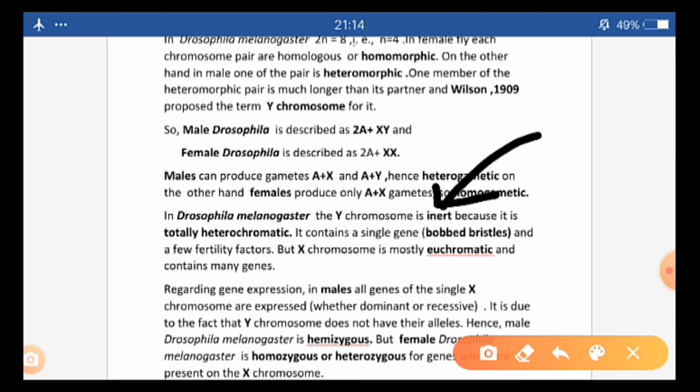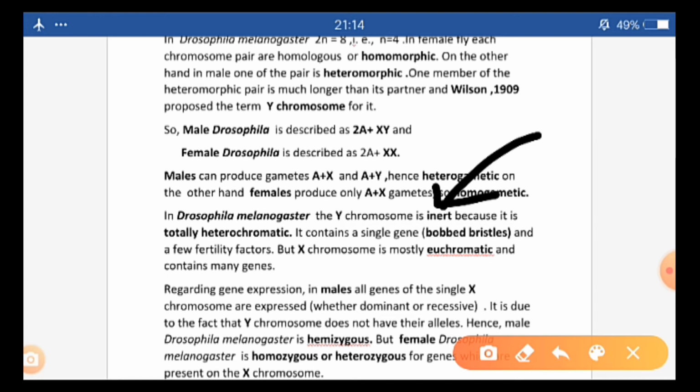Why it is inert? Because it is totally heterochromatic, and you know that heterochromatic chromosomes are genetically inert as a repetitive DNA sequence is found in it.